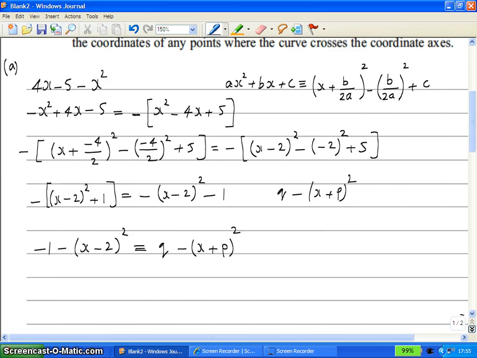Now from this we can see that q relates to that, so therefore q is simply equal to minus 1, and this one here relates to p, so therefore we can say that p is equal to 2.